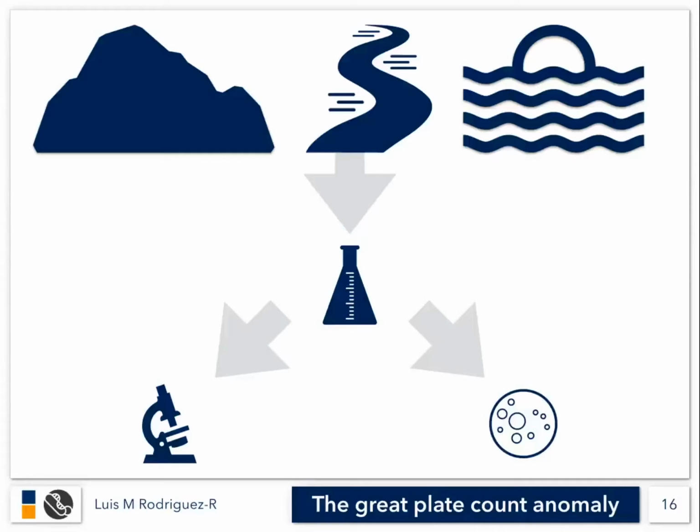So we can very accurately estimate from how many original cells we got descendants in our plate. And of course, from the other method, we can directly count the number of cells in the sample.